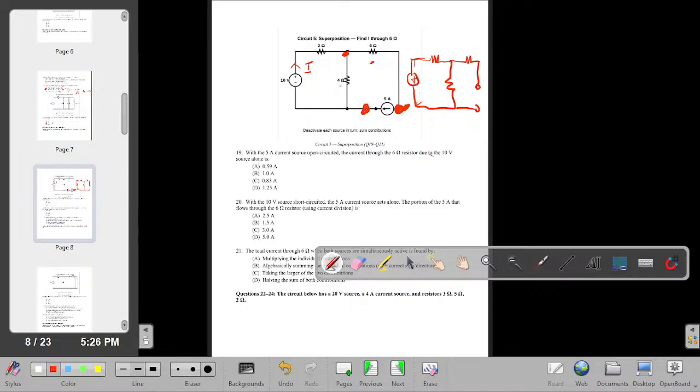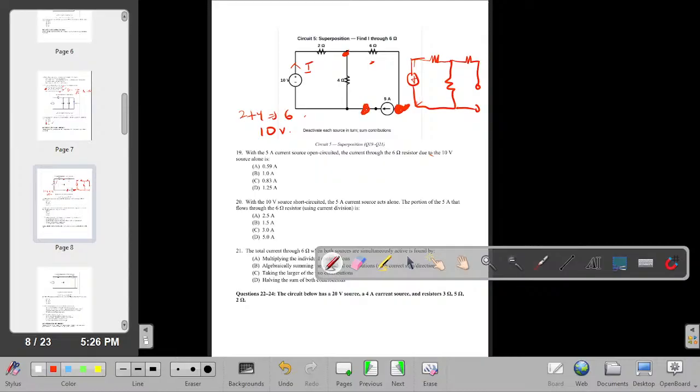Considering 2 and 4 as the only resistors which are active, I'll have my resistance to be 2 plus 4, and this is equal to what? 6, right? So if this is equal to 6 ohms, we are also going to have the total voltage equal to what? Total voltage is 10 volts.